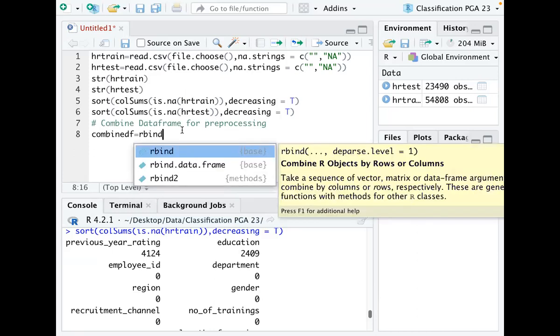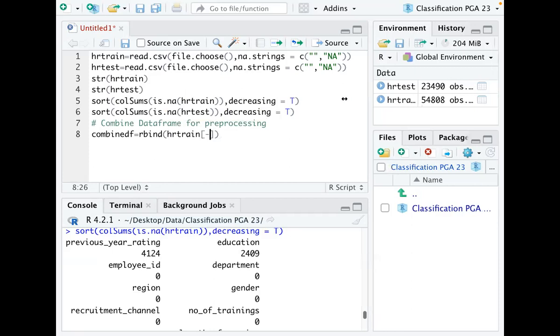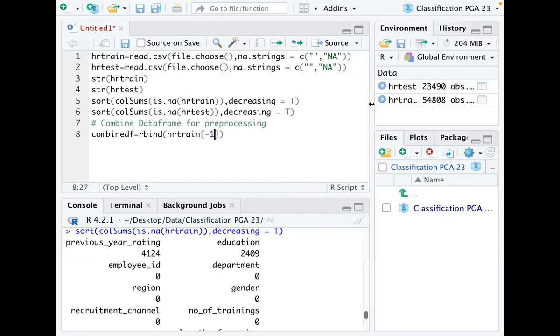We call it row binding, which is equal to concatenation. HR train square bracket minus the last variable, which is column 14, comma HR test, because for row binding the same rule applies: the number of variables must be the same, and the sequencing of the variables must also be the same.